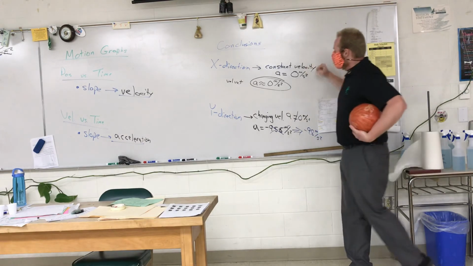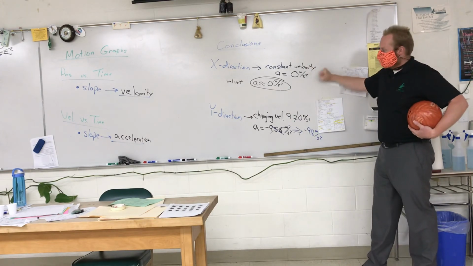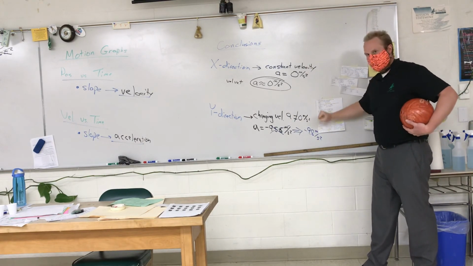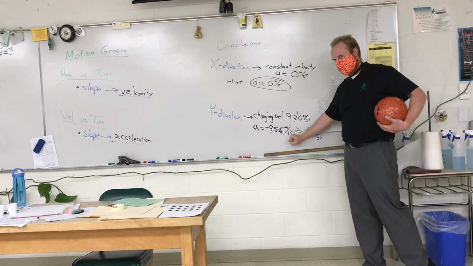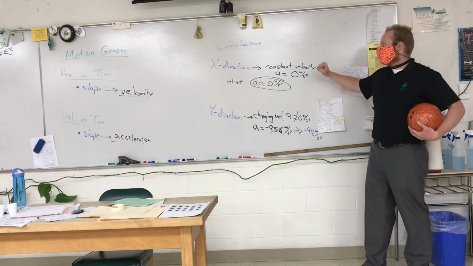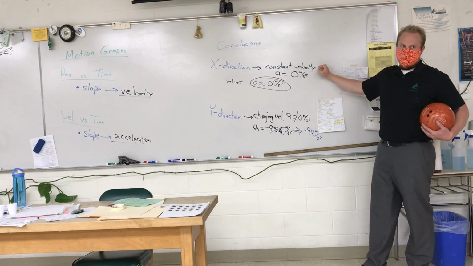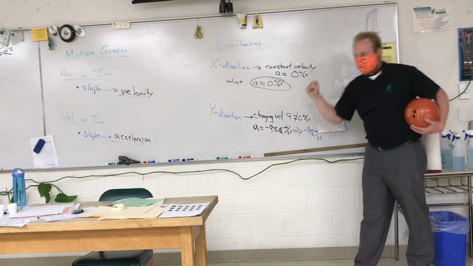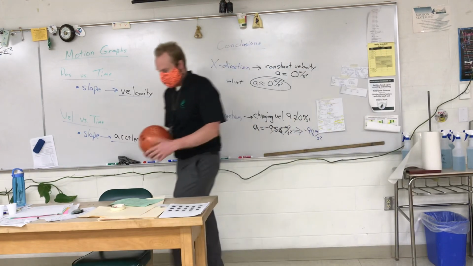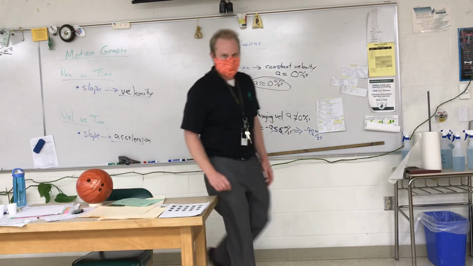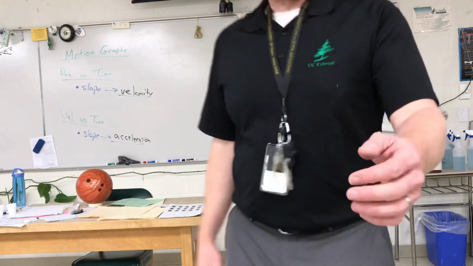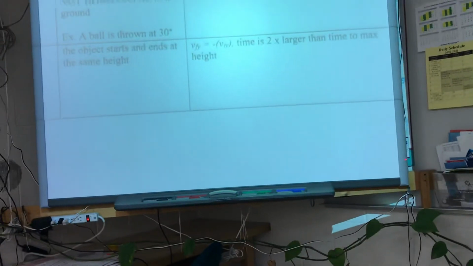The thing is, the motion in the x is independent of the motion in the y. The acceleration due to gravity has no effect on my speed in the x direction. Okay, so that's your 2D motion problem tips.